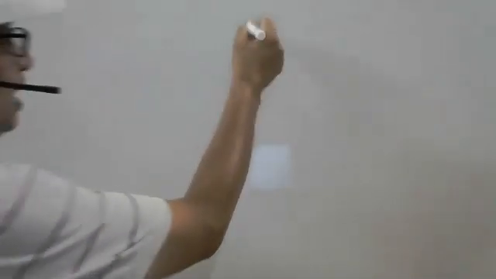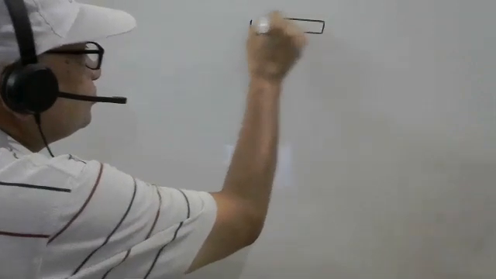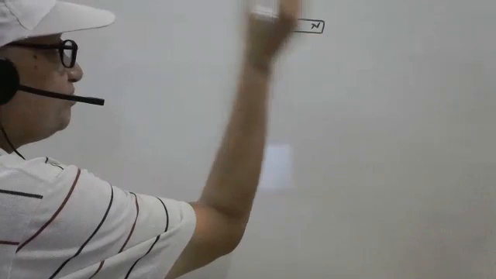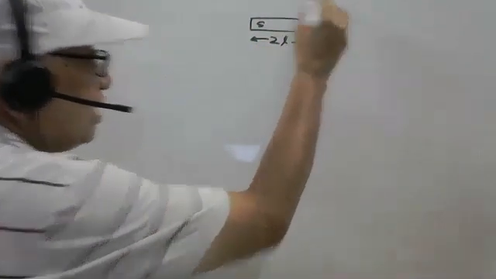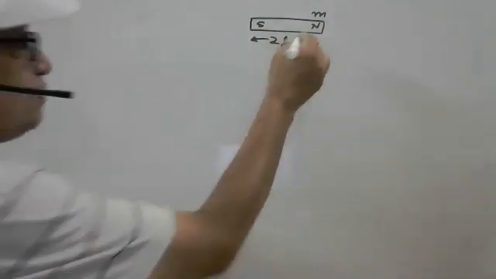Suppose here there is a dipole from north to south, the length here is 2l, and m is the pole strength. What is capital M?